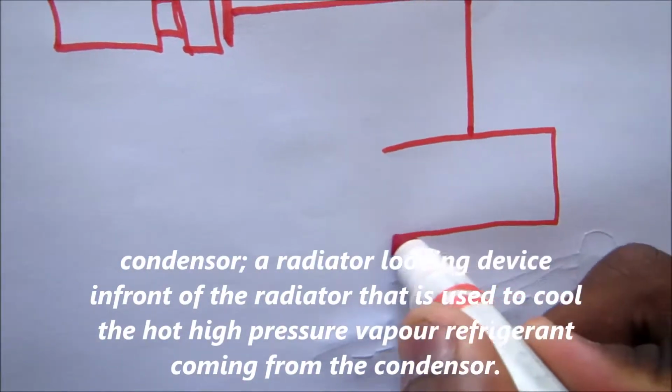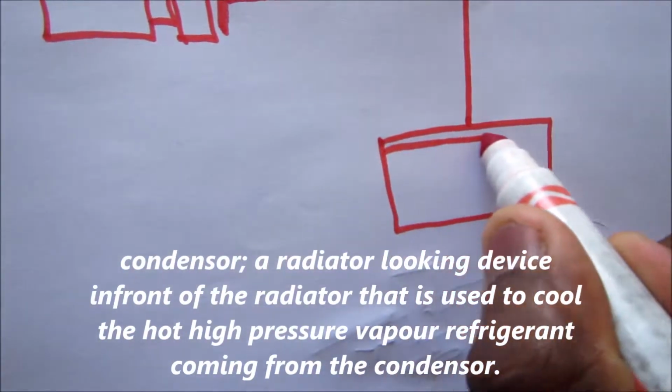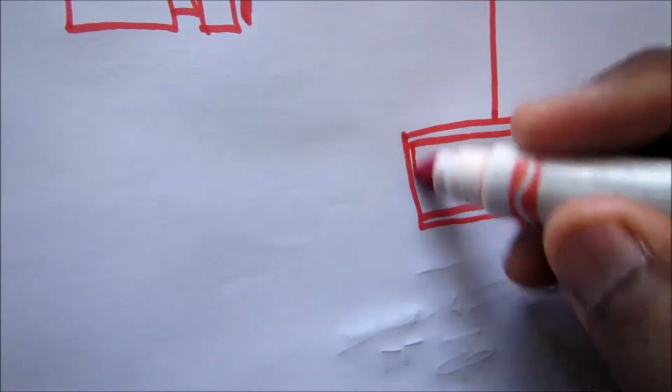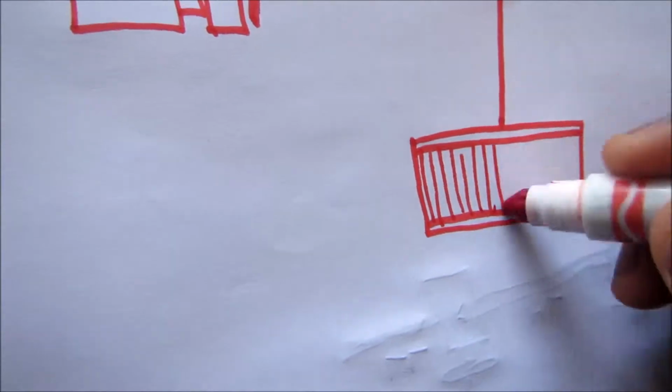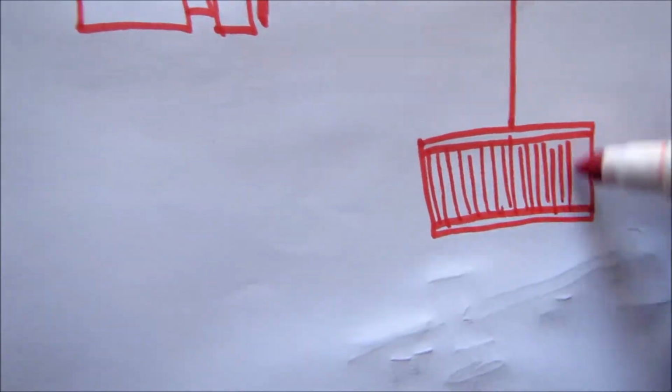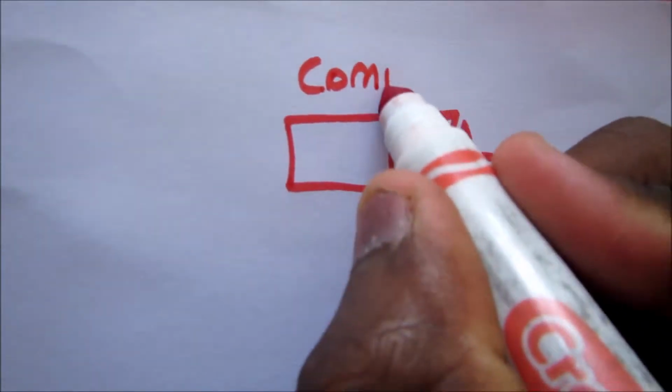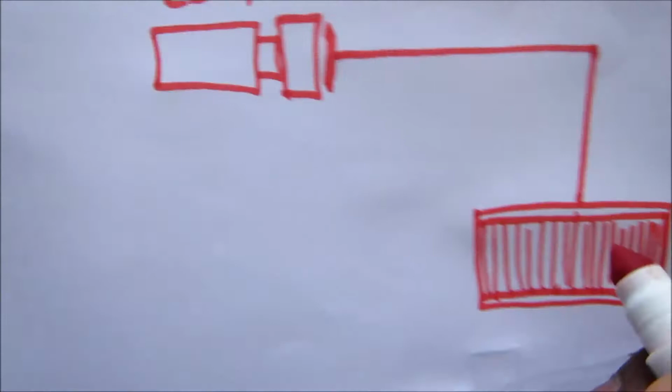Now this device is what you'd find right in front of your radiator. It looks just like the radiator, by the way. And here you got the fins. So this is now your condenser. Let me label it: compressor, condenser.